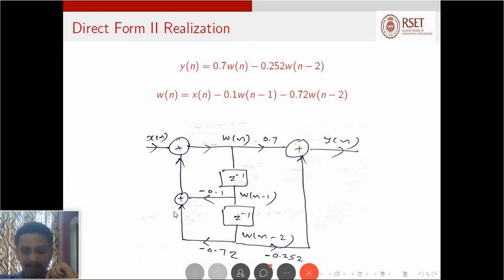Similarly, the number of memory locations is m plus n plus 1 in the case of direct form 1 and nearly half of direct form 1 in the case of direct form 2. So we will tell the computational complexity in terms of the number of multiplications, the number of additions, and similarly the number of memory locations.